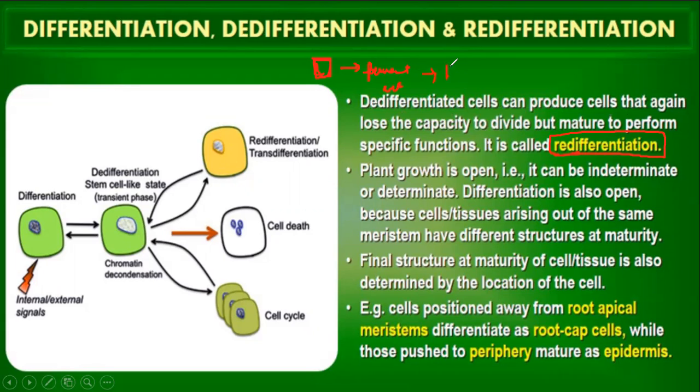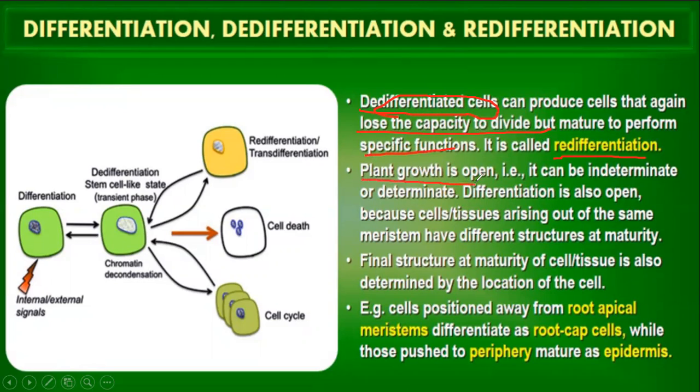This permanent cell will again regain its ability to divide, and that process is called de-differentiation. Clear? These cells again lose their property and become permanent, and that is known as redifferentiation. The de-differentiated cells lose the capacity to divide and they mature to perform a specific function.